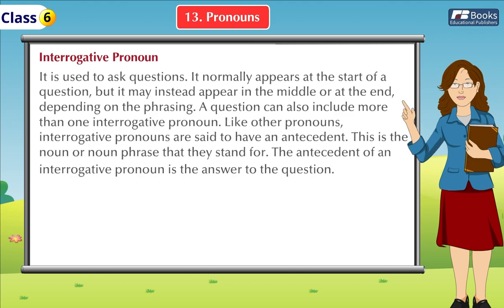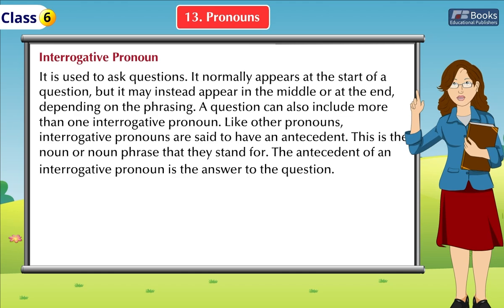Interrogative pronoun. It is used to ask questions. It normally appears at the start of a question, but it may instead appear in the middle or at the end, depending on the phrasing. A question can also include more than one interrogative pronoun. Like other pronouns, interrogative pronouns are said to have an antecedent.